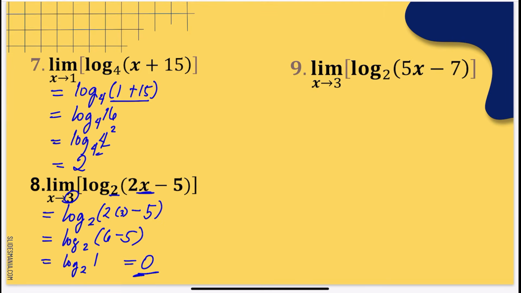Example number 9. The limit of the logarithm of 5x minus 7 to the base of 2, where x approaches 3, is equal to the logarithm of 5 times 3 minus 7 to the base of 2. So x becomes 3. We use direct substitution to simplify this. 5 times 3 is 15, minus 7.